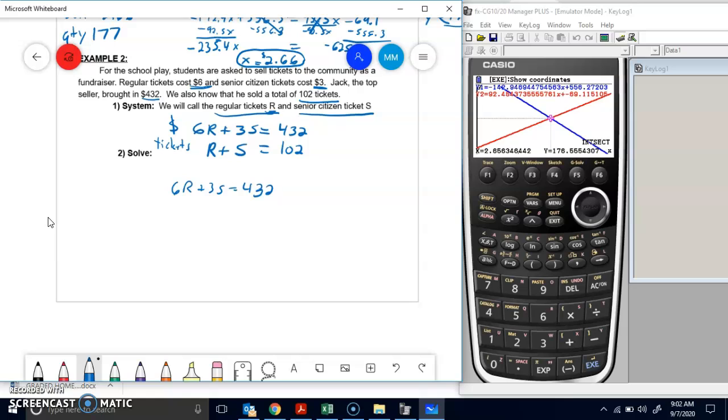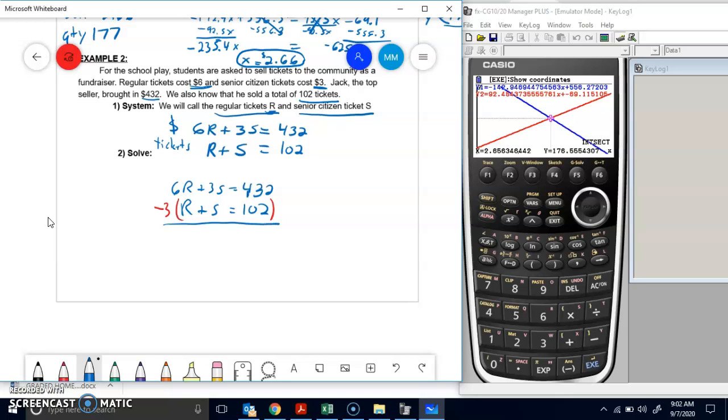But I need to solve for one of these using elimination, which means I need to eliminate one of them. So we're going to take this second equation and we're going to multiply it by something that will eliminate. And I'm going to use S as the variable I'm going to eliminate. So I'm going to multiply this second equation by -3. This should look familiar from Algebra 2 or Algebra 1.